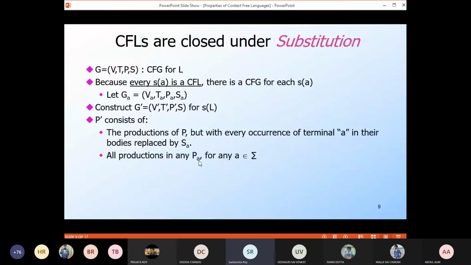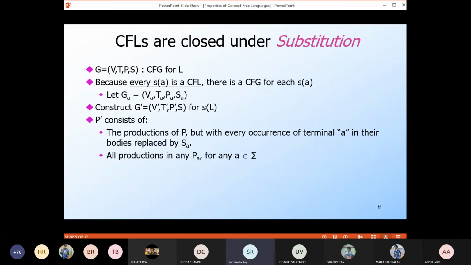Notice A will not appear anywhere because you are defining it on a different input terminal set altogether, that is T_A. So all these productions from these n grammars provided as substitutions will all be added. I told you we are dealing with n plus 1 grammars, and G prime is the n plus 2th grammar we are creating.